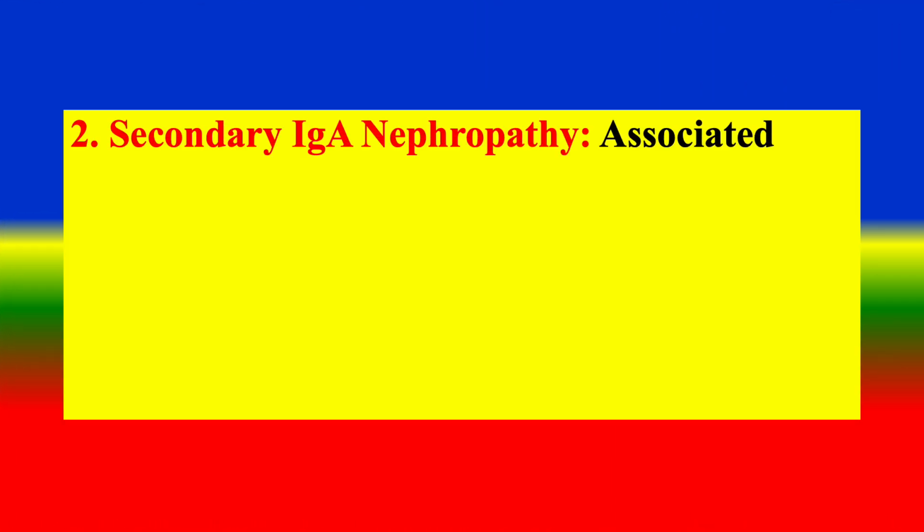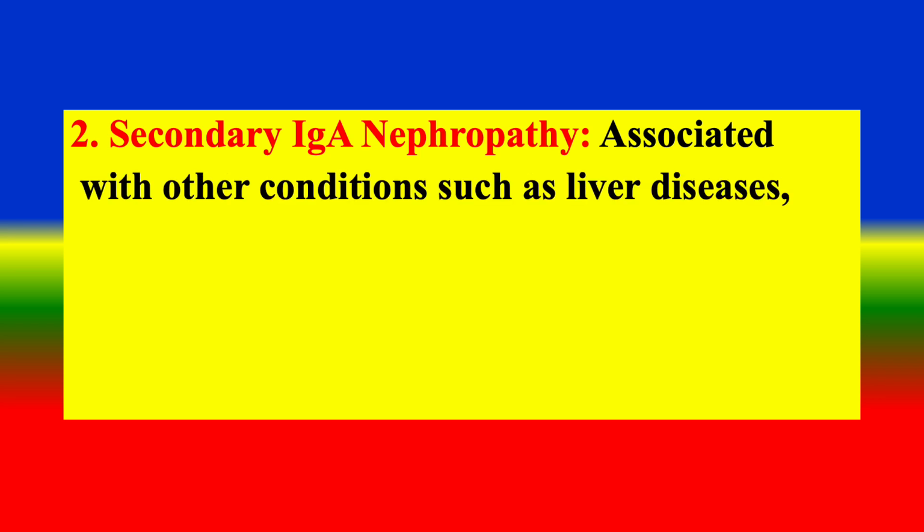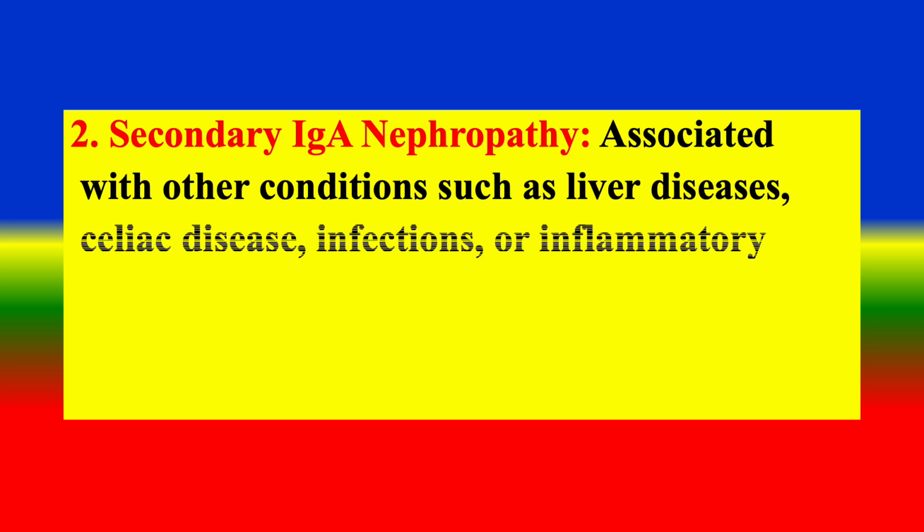Secondary IgA nephropathy associated with other conditions such as liver diseases, celiac disease, or inflammatory bowel disease.